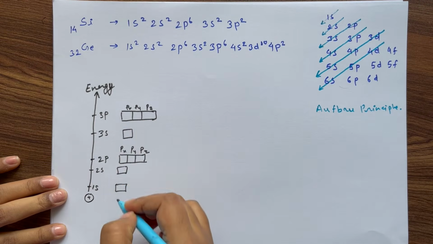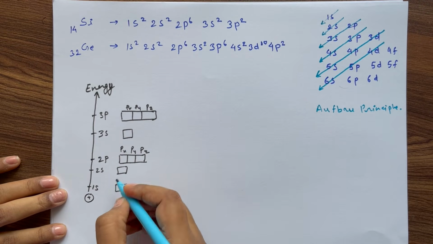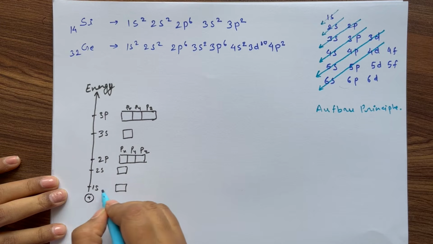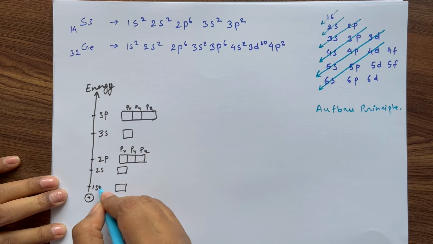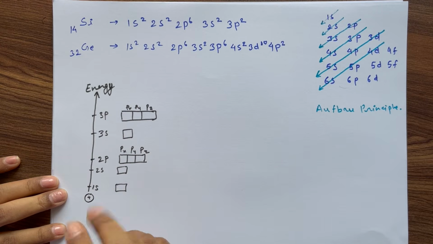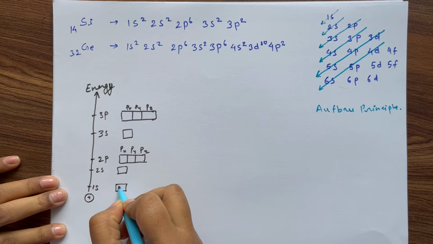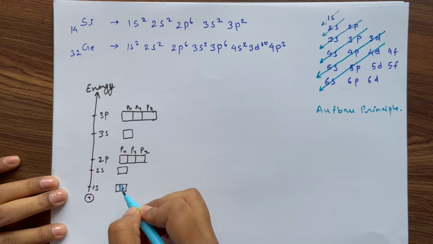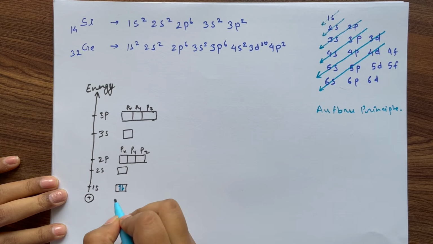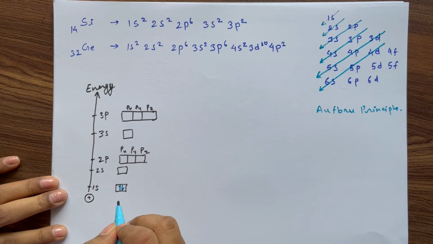So now we will see the filling of the electrons here. So electrons will first go to the 1s, and this s orbital can hold up to 2 electrons. One will be upward spin and second will be downward spin. Why? Because of Pauli exclusion principle.